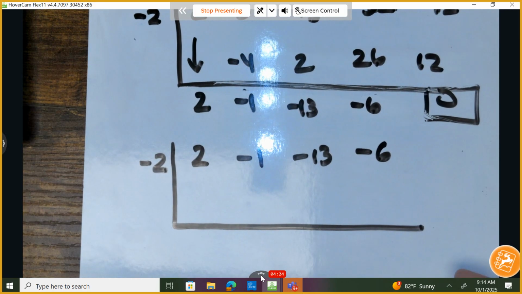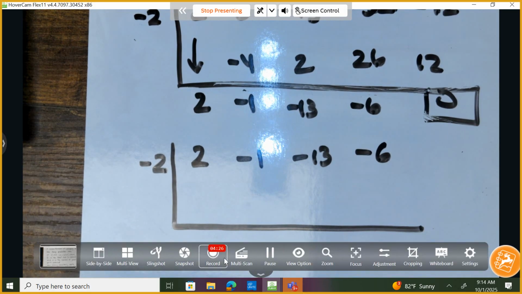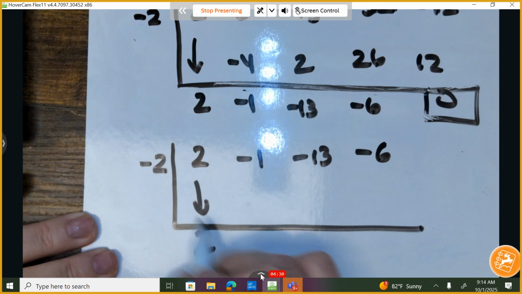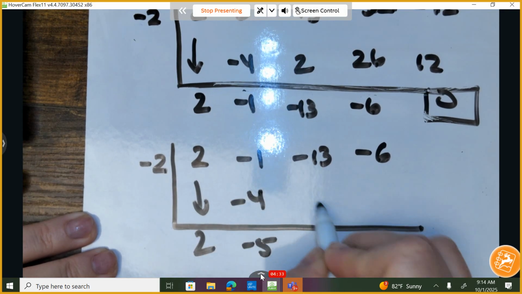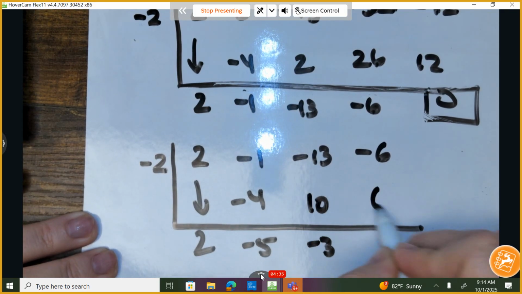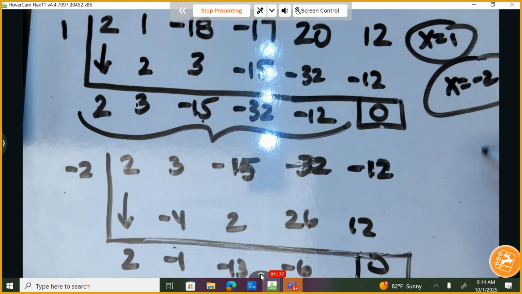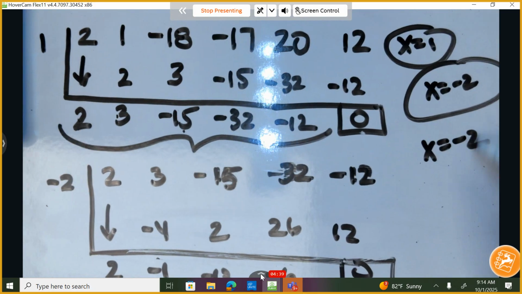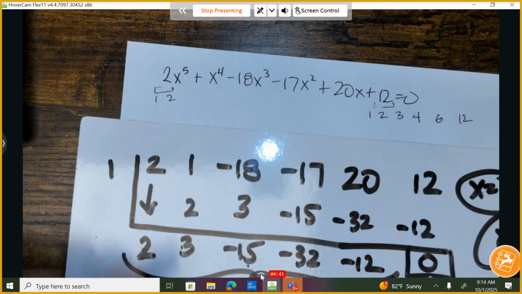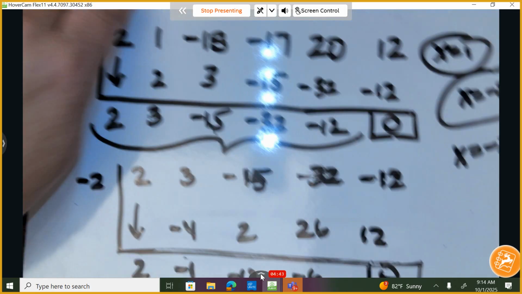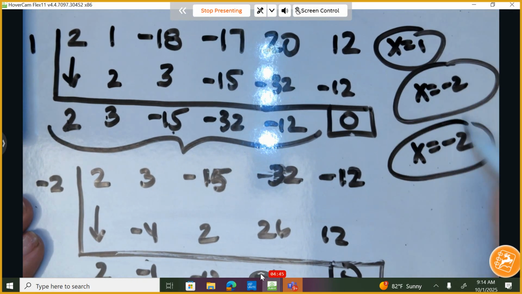Does negative 2 work? All right, I'm hearing it work, so I'm going to go through and do the work. Okay, multiply and add, multiply and add, multiply and add. It works. So I need to come up here and I need to write it twice. Remember, when you give me the solutions, there's going to be 5 of them, but there could be duplicates or triples, so I do have a duplicate here.